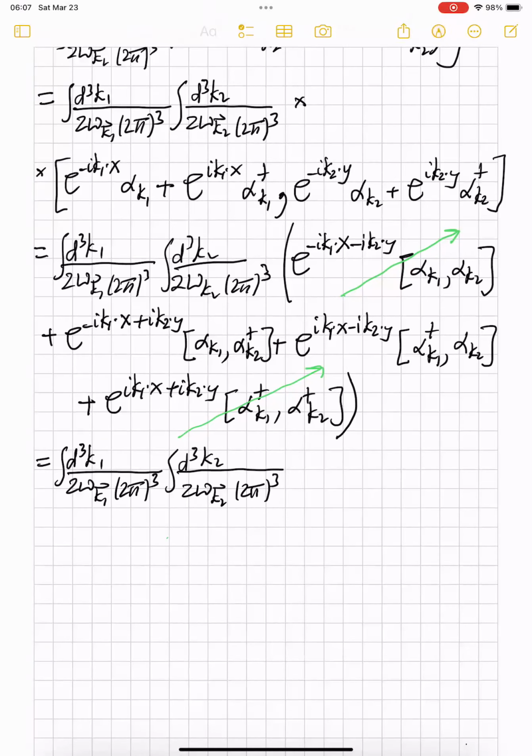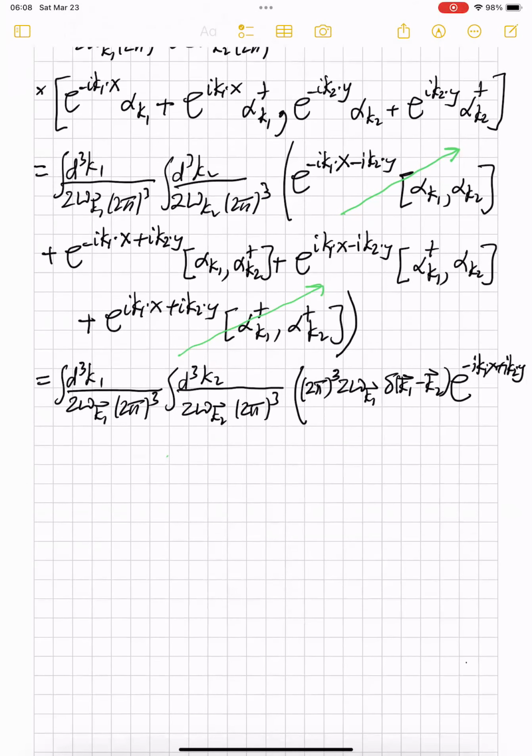And then, from this first commutator, 2 pi cubed, 2 omega k1, then a delta of k1 minus k2, and the exponential of minus i k1 dot x plus i k2 dot y.